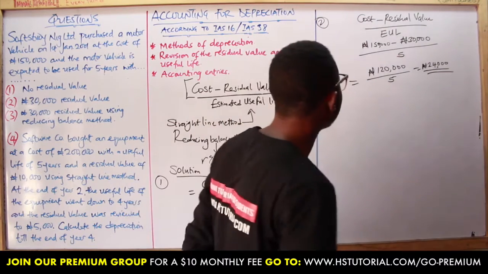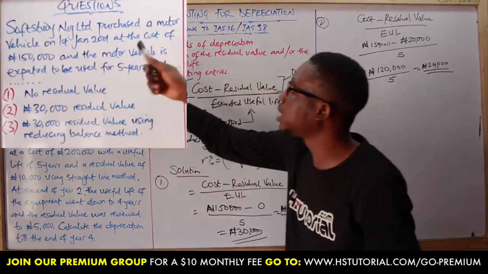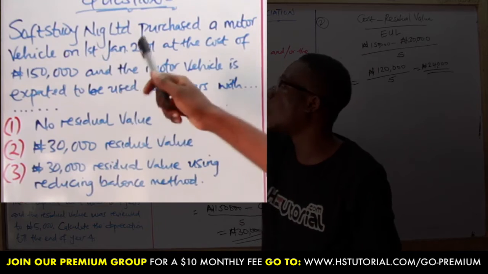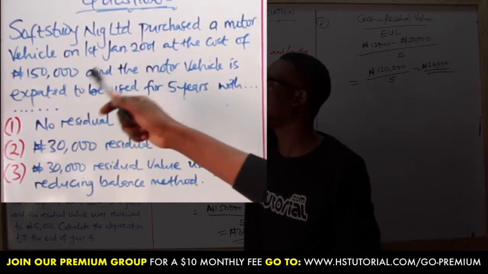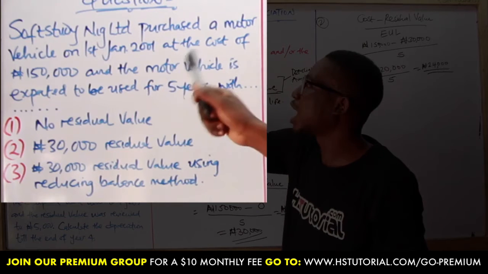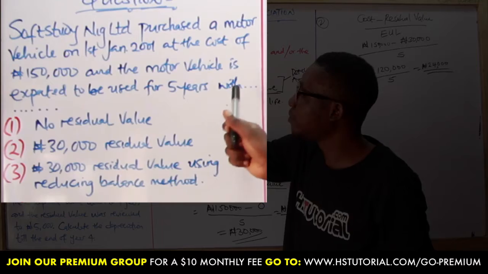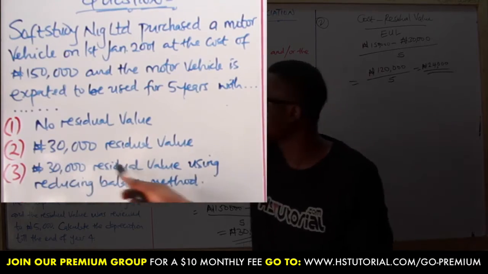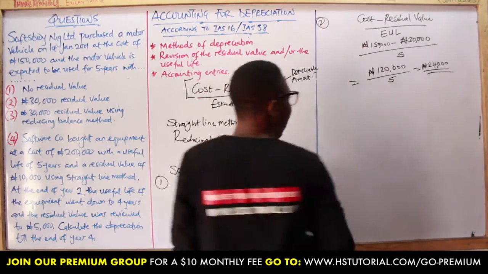Now let's move to the next question: Self-Study Nigeria Limited purchased a motor vehicle on 1st January 2001 at the cost of 150,000 naira, and the motor vehicle is expected to be used for 5 years with 30,000 naira residual value, using the reducing balance method.